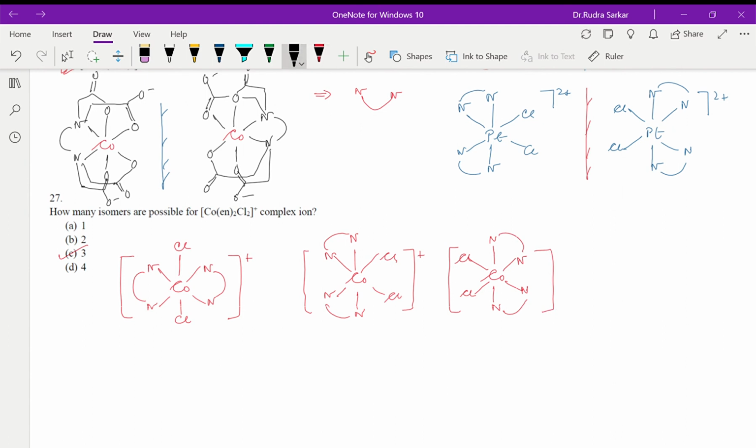So these are the two mirror images, whereas one is related to the other two as GI. Obviously the total, as we can see, is 3.